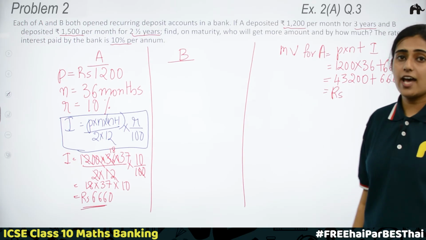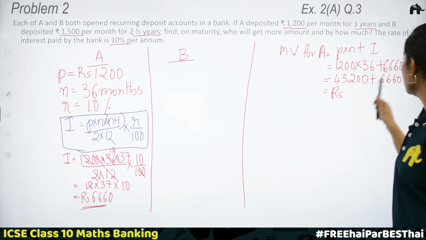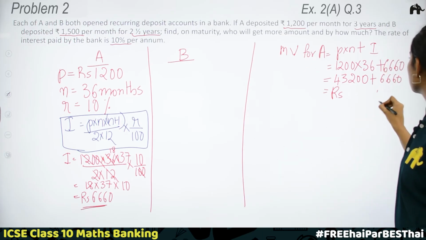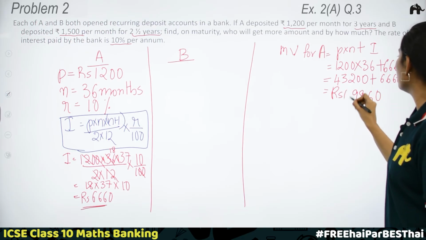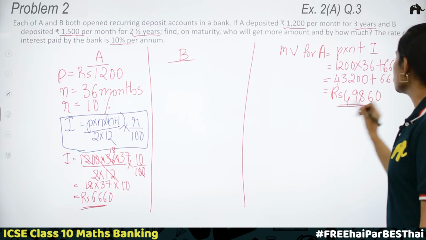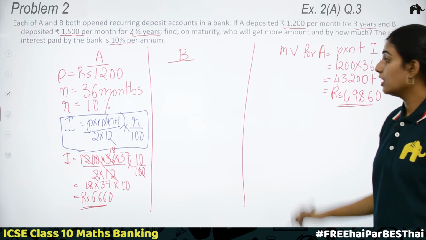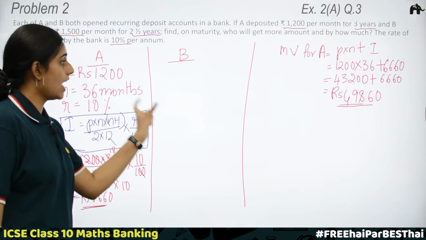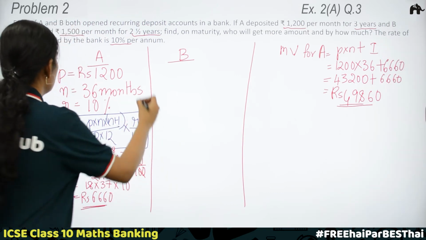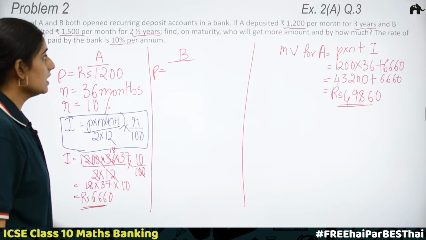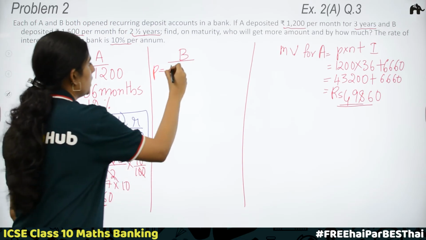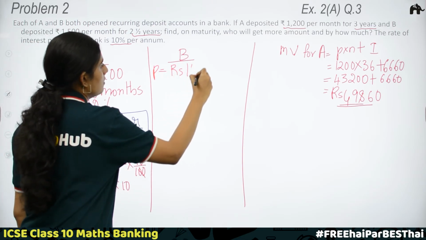The maturity value for A is equal to rupees 49,860. Interest in case of B and then the maturity value. For B, principal or the monthly installment P is equal to rupees 1,500.